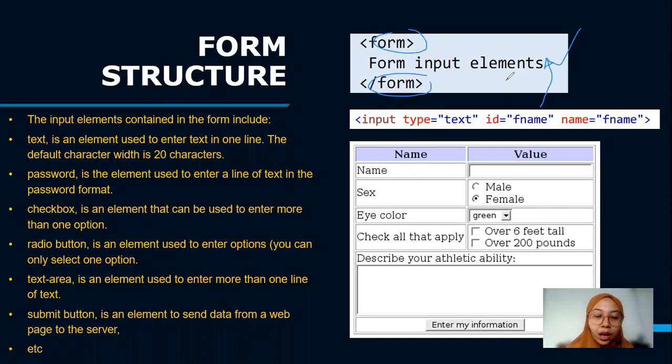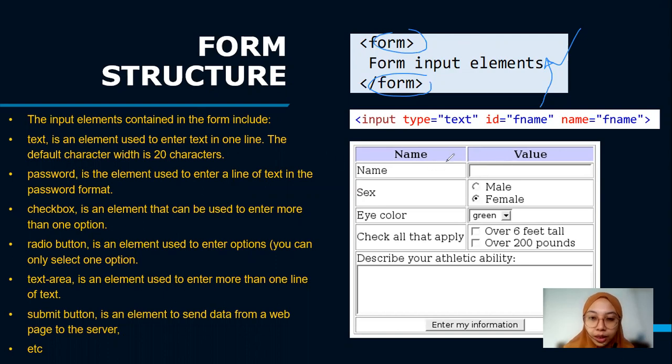You already learned that in our course in the previous week. There is the text element. The text element is the most generally used because it can receive input in the form of text or string. The default length is 20 characters.